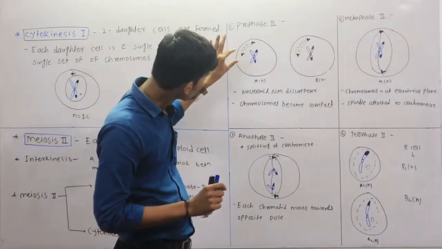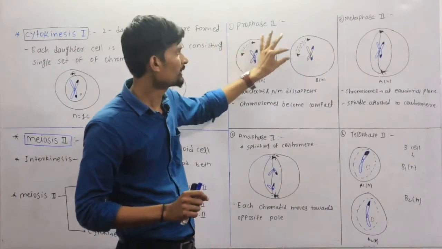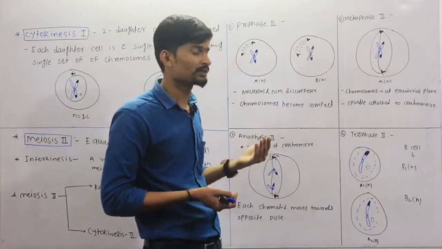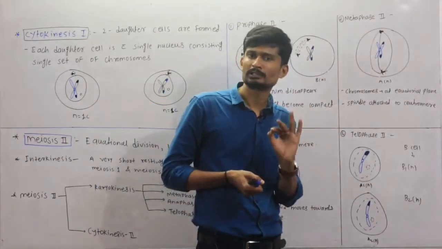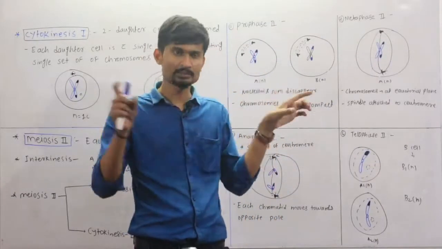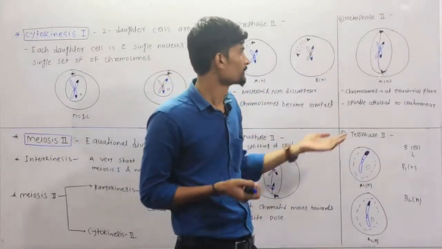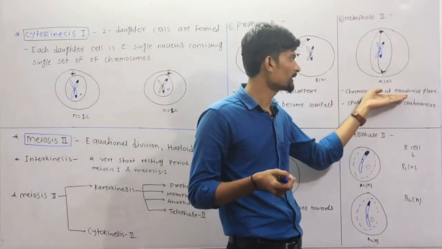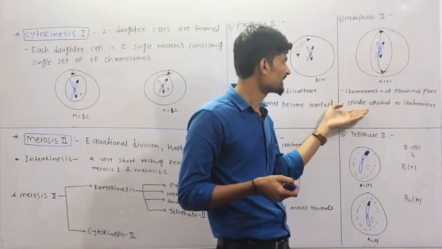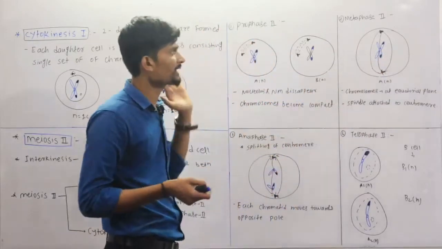All the 23 chromosomes will align at the equatorial plane. Suppose 23 here and 23 here, but we are considering one chromosome as the haploid condition for our understanding, because representing all 23 would become very complicated. The key point is that chromosomes align at the equatorial plane and spindle fibers get attached to the centromeres. So this is the end of metaphase second.